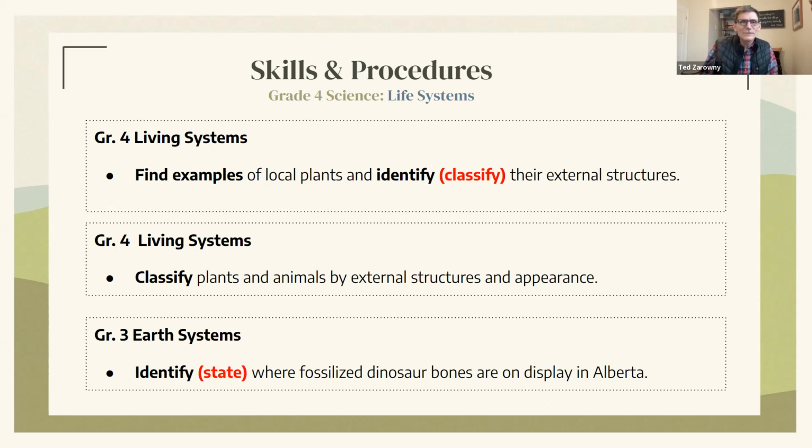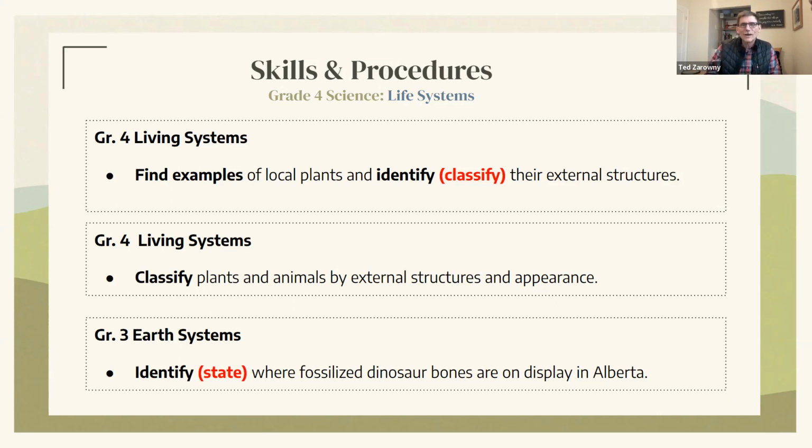But if we take a look at identify the way it's used in the grade 4 outcome, it says find examples of local plants and identify their external structures. Well, it's nothing they're going to have memorized. They're going to be identifying that by what they see. And we know that internal structures or external structures can be things like existence of fur, perhaps, existence of appendages, and so on.